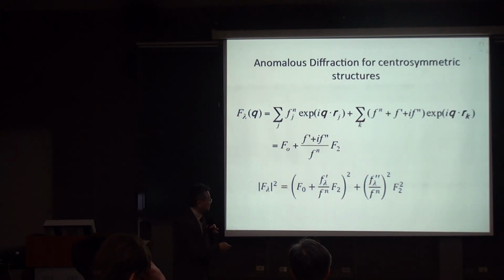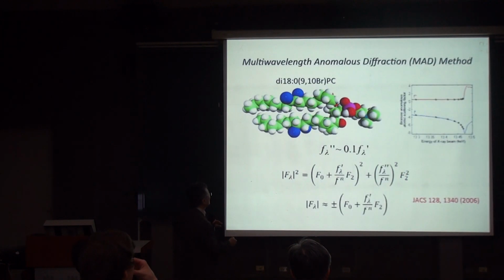And better than this is that the real part of the anomalous scattering amplitude is better than 10 times the imaginary part. So this term is negligible, and you can reduce the measured intensity.